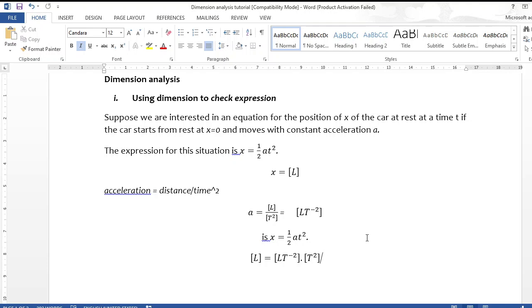Now, if you look at this, you'll see that you have only one dimension here, and 2 dimensions here. As a rule, when dealing with dimensions, if you have a maximum of 2 dimensions, every term in the equation should also have 2 dimensions.